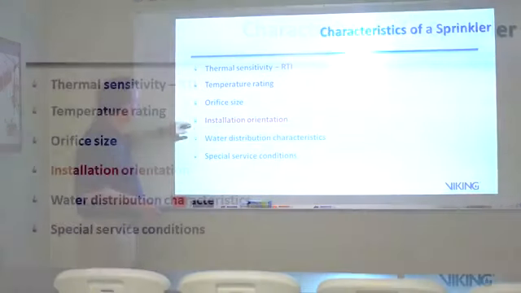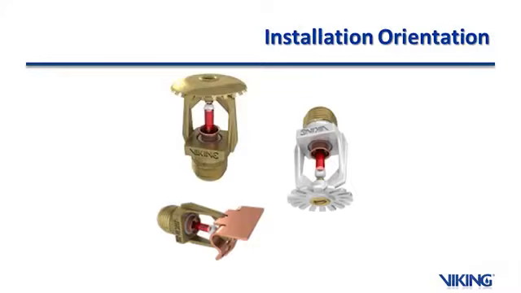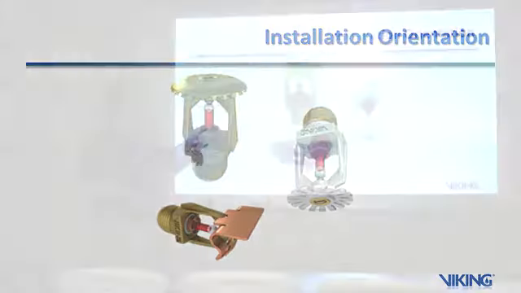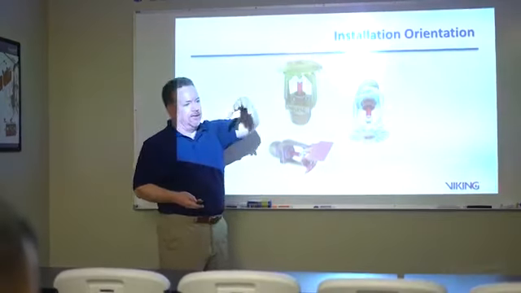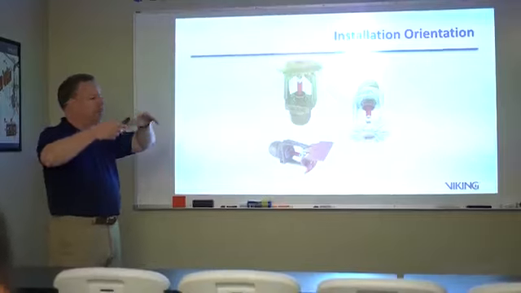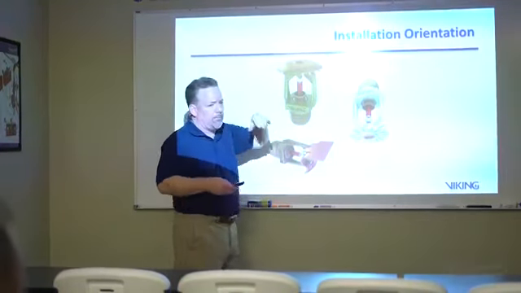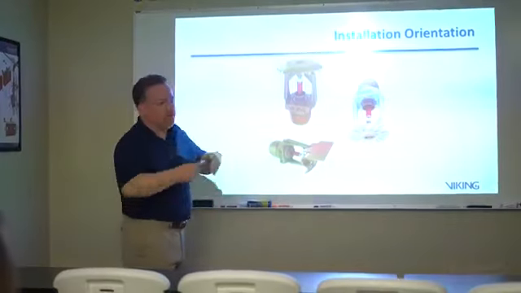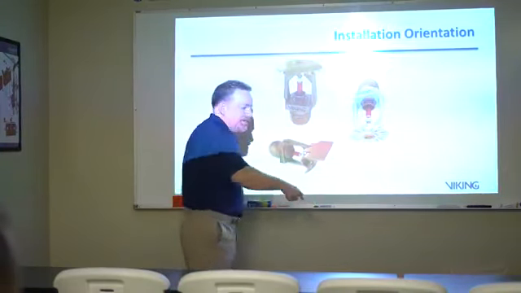All right, installation orientation. Here's an easy part. There's only 3 orientations you can have: upright, pendant, and sidewall. An upright sprinkler is characterized by a fairly large deflector where the tongues coming off of the deflector are pointed down so that it collects the water as it's coming up to hit the sprinkler and then sprays it down.